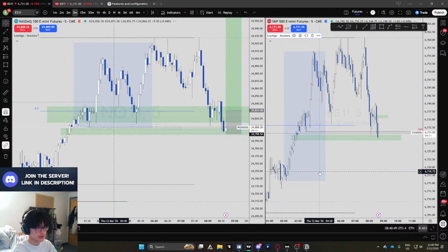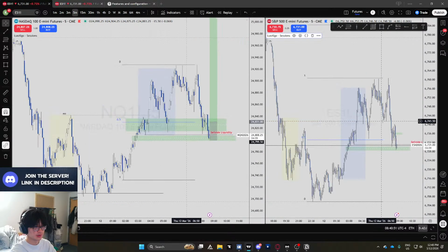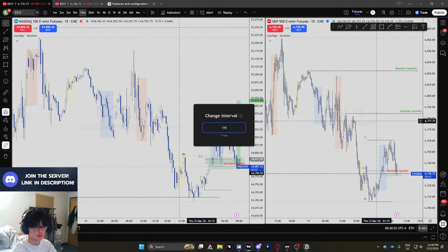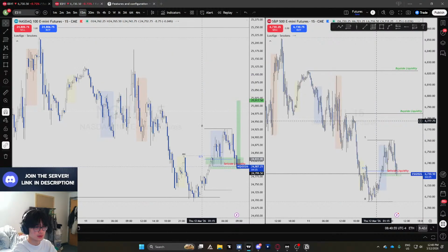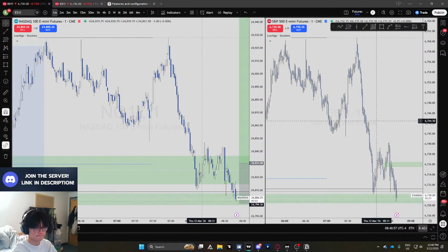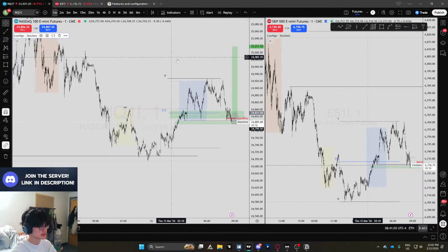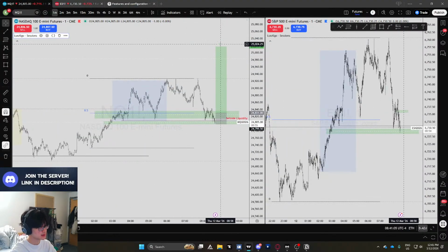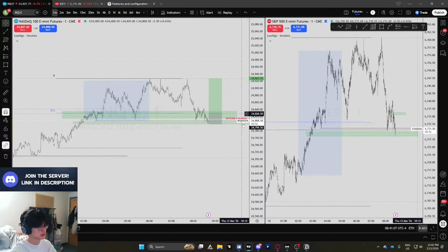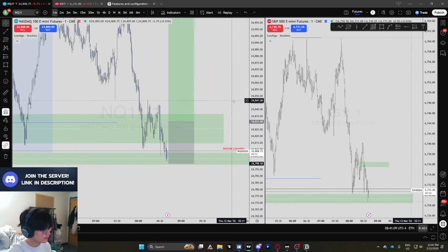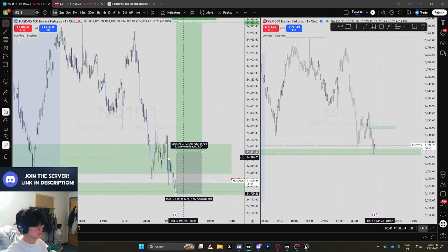I'd probably try and target something a bit different, instead of these highs here, probably these highs. Actually, let's take a look at that. 1 to 3, not too bad.